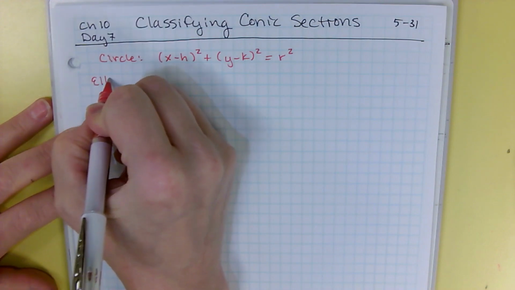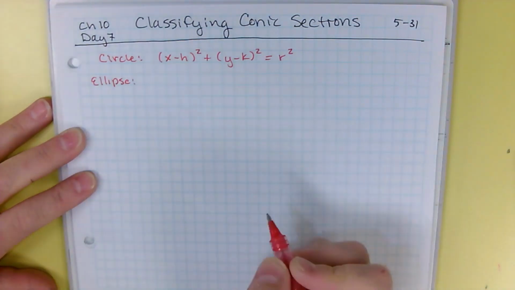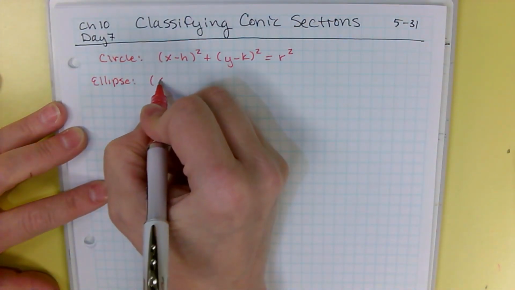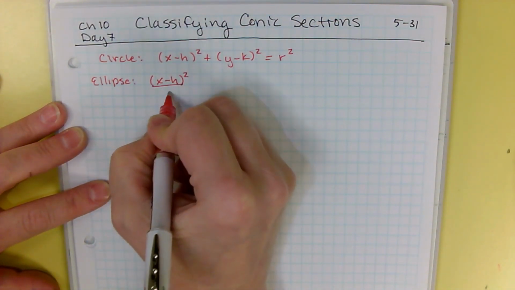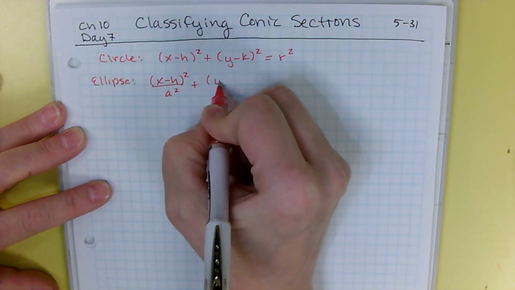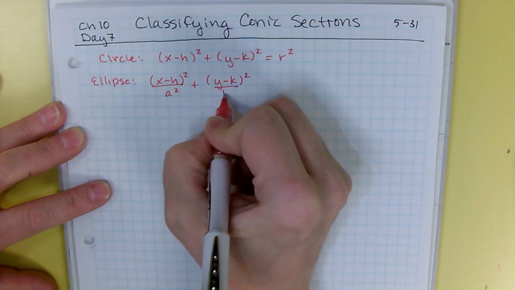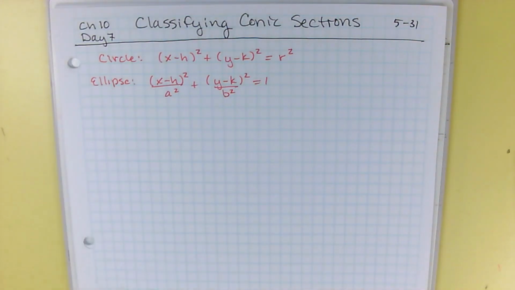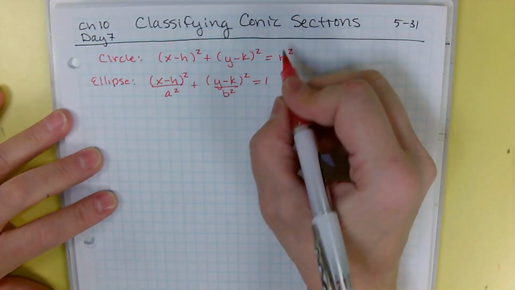And then you have ellipse formulas, which are x minus h squared over a squared plus y minus k squared over b squared equals 1. And in an ellipse formula, the a and the b can change places.